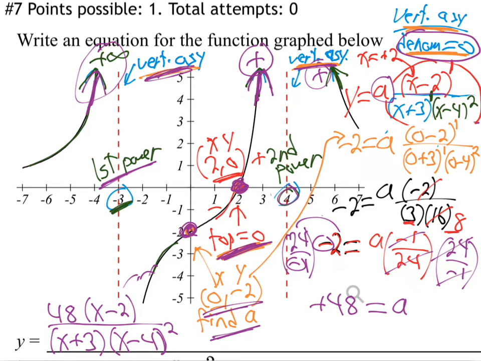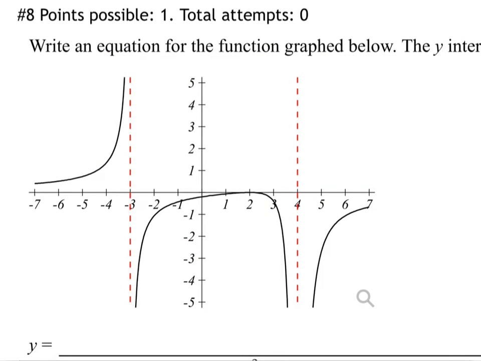All right, let's try number 8. Similar kind of thing here on this one. Well, let's start with the verticals. So vertical asymptote, that tells us what makes the denominator 0, doesn't it?